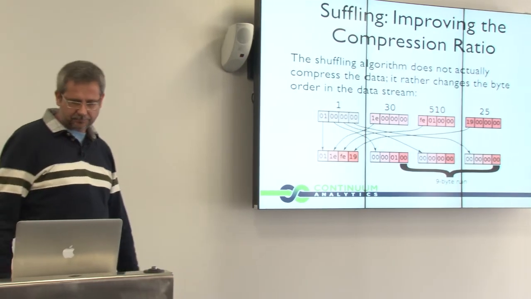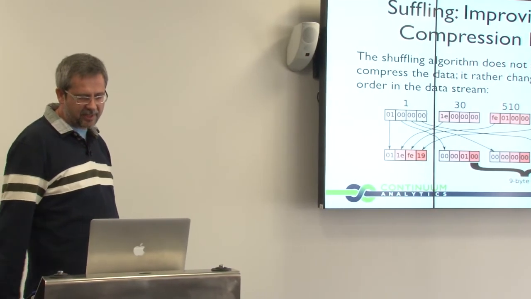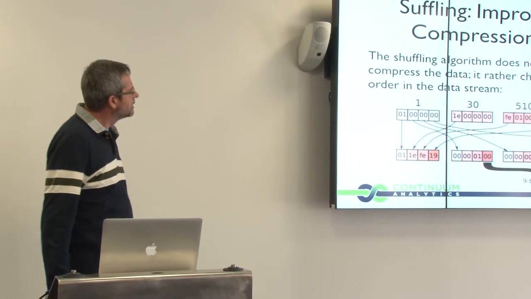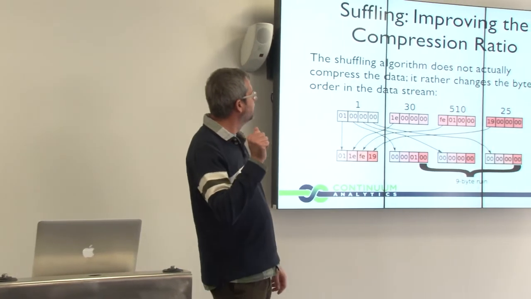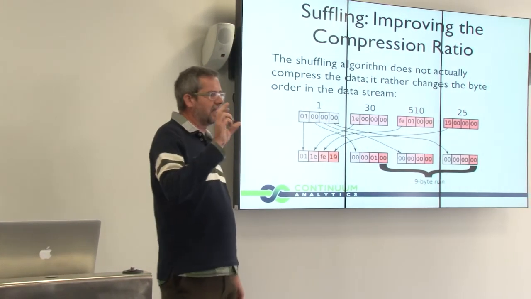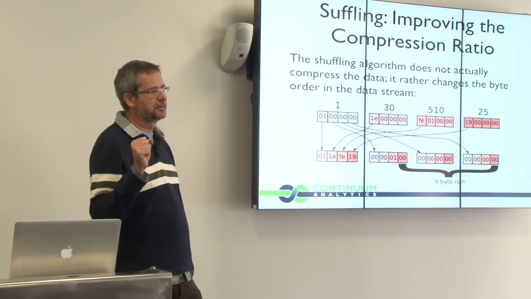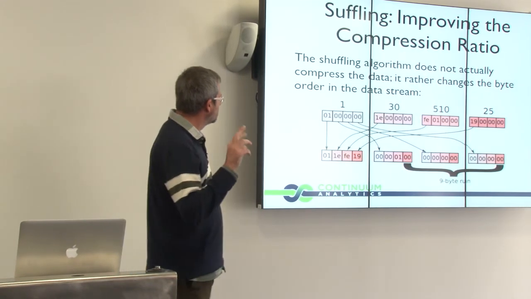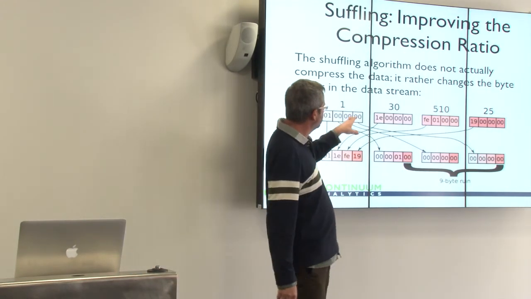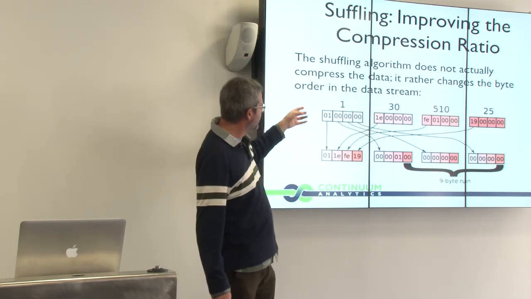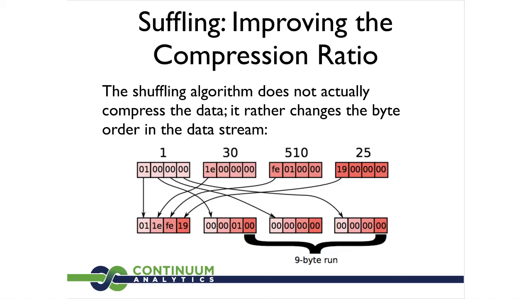So let me talk a little bit about shuffling, the filter that allows the compressor to compress much more efficiently. The principle of shuffling is relatively easy to understand. Realize that we have, for example, 4 integers here, 1, 30, 510, and 25, okay? This is the binary and hexadecimal representation in memory.